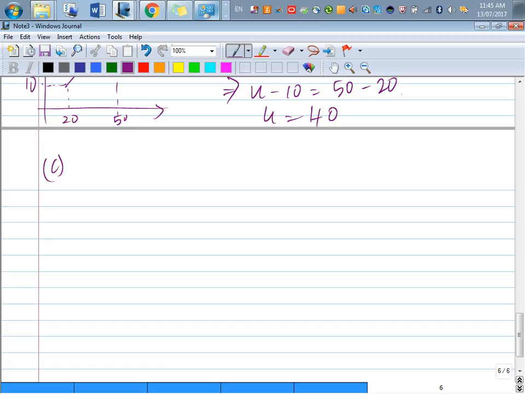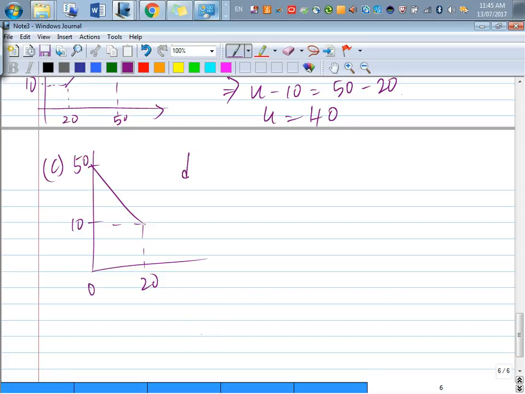Okay, calculate distance traveled from 0 to 20. So, distance traveled will be the area under the graph. 20 over here, this is 50, and this is 10.